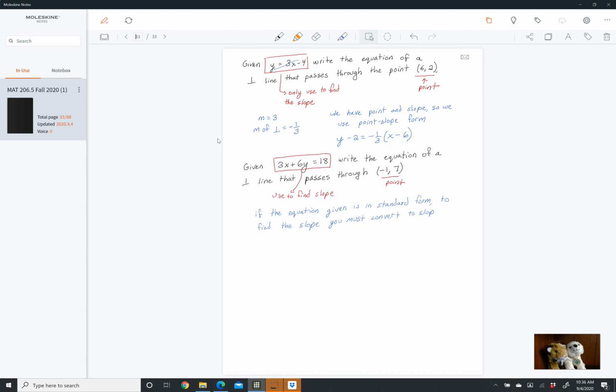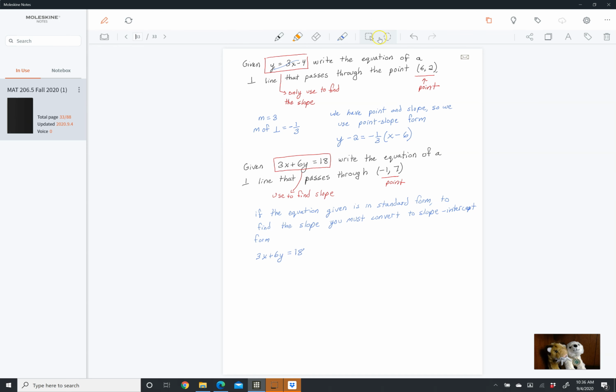Because remember, in standard form there's nothing in there that directly gives us the slope. So we have 3x plus 6y is equal to 18.